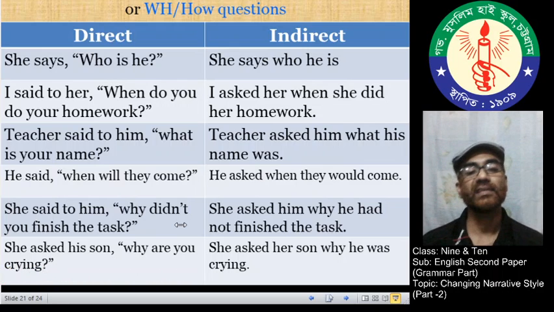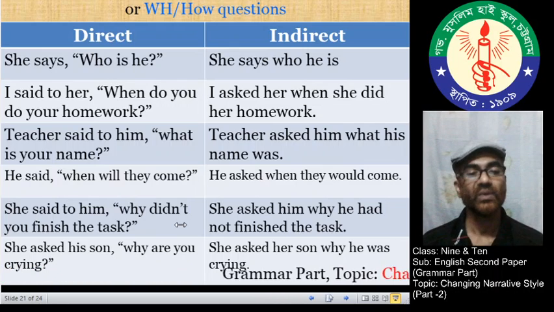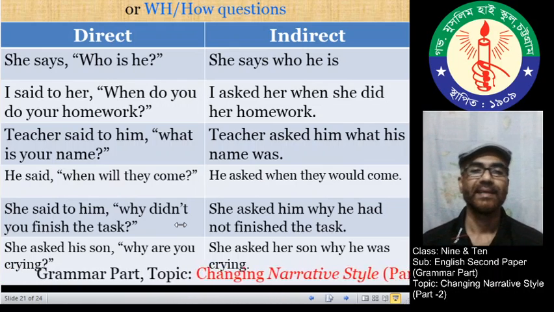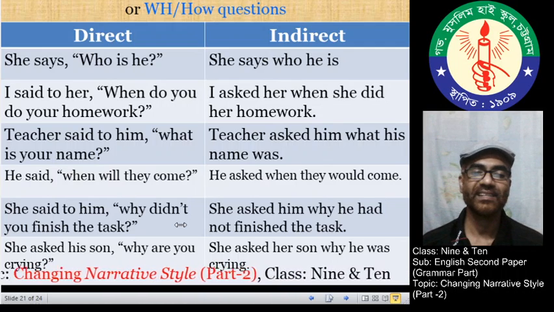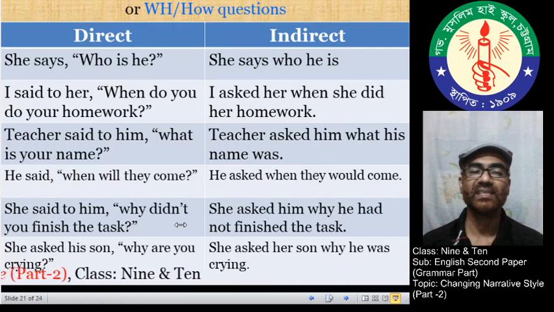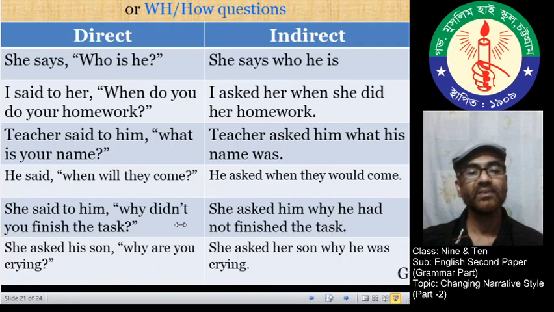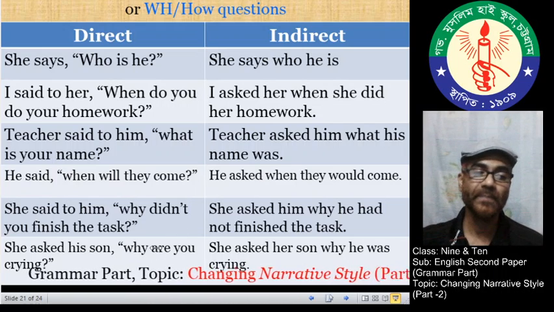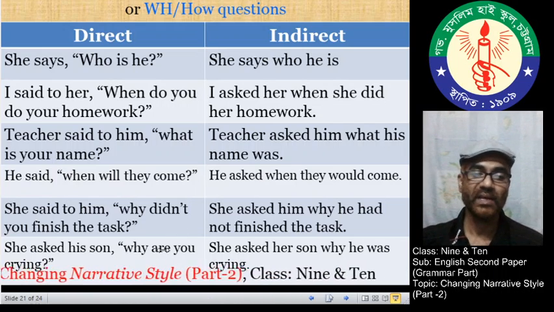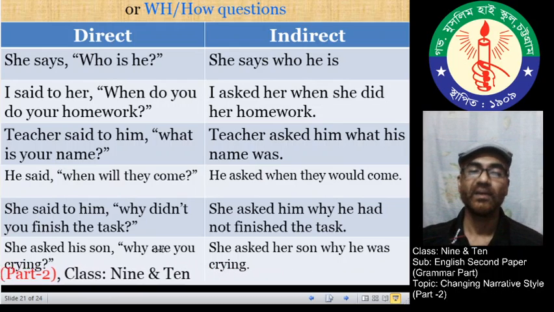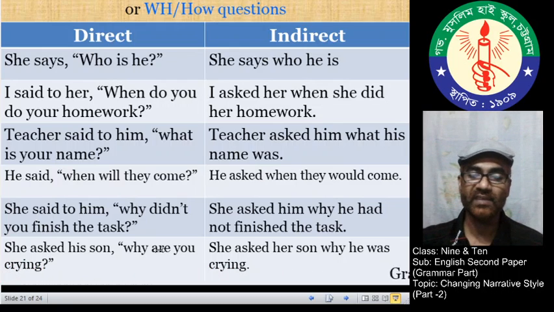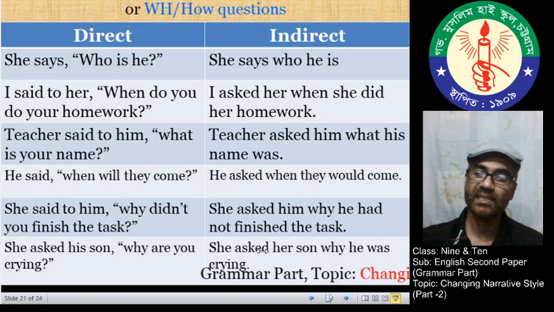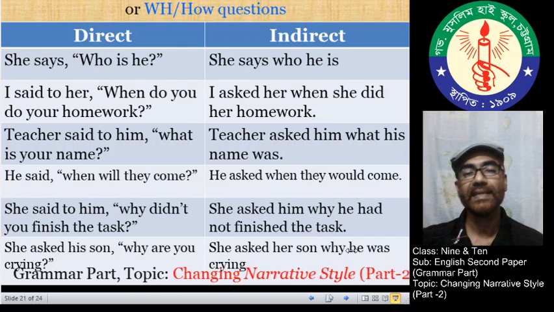Okay, next last one. She asked her son, why are you crying? And the indirect is she asked her son why he was crying. You see here in indirect speech, why are you? Are, that means the be verb or auxiliary verb, comes before the subject, and here you see why he.